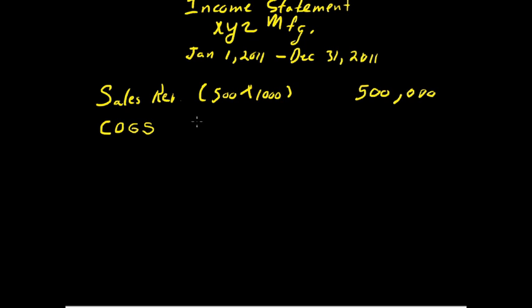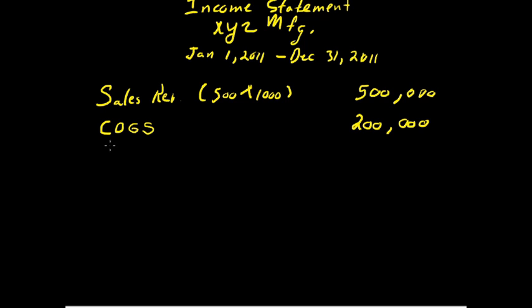So what are the direct costs that went into getting those parts, assembling them in the workshop, and getting them ready to sell? That's the cost of goods sold. Well, the cost of goods sold for XYZ Manufacturing, let's just say it was $200,000. We'll keep our numbers nice and round for the sake of the illustration. $200,000 was the cost of goods sold.